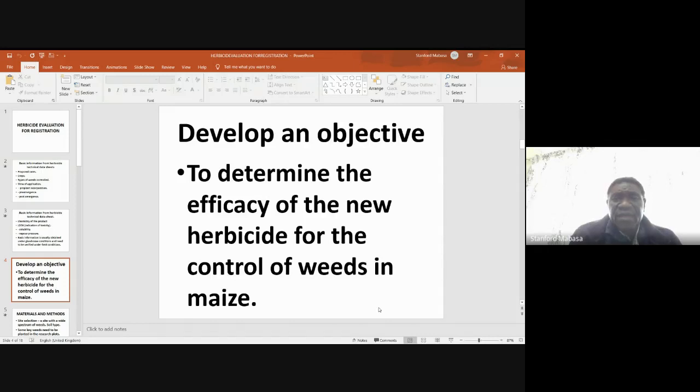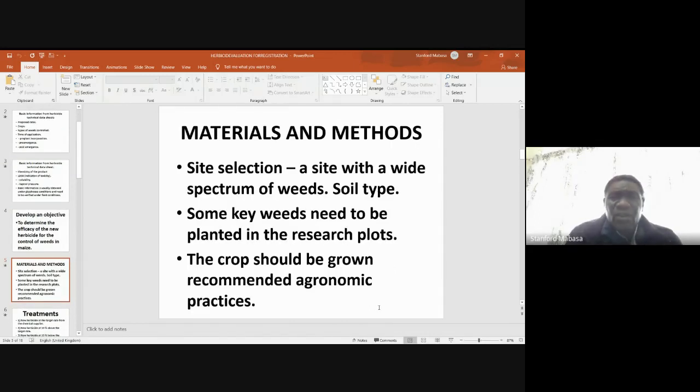There should be an objective which has to be developed. For example, to determine the efficacy of the new herbicide for the control of weeds in maize. Now, on the materials and methods, we have to do site selection. The ideal site should have a wide spectrum of weeds.